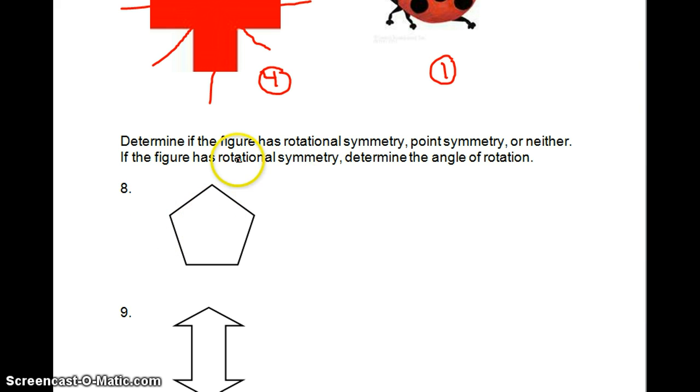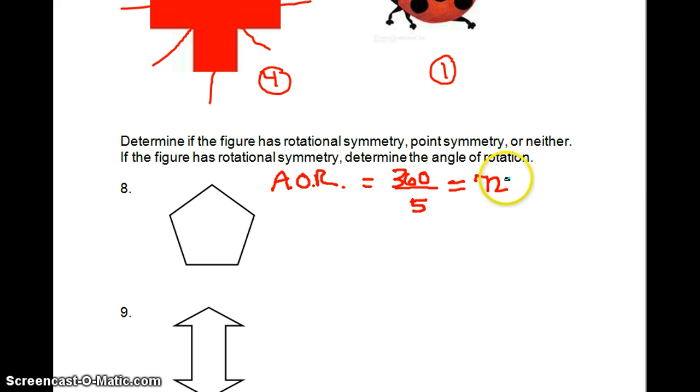So to find the angle of rotation, or AOR, you're going to take the total of the exterior angles, which is 360, divided by the number of sides, and that's 5. So we're going to divide that out. 360 divided by 5 is 72.